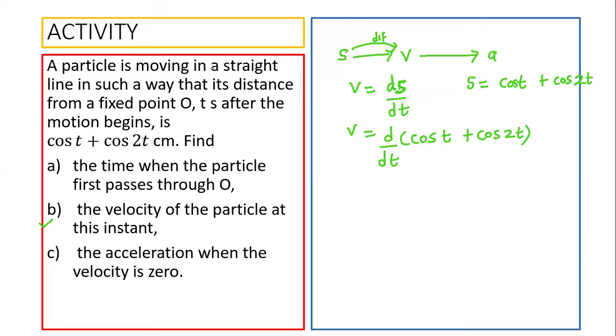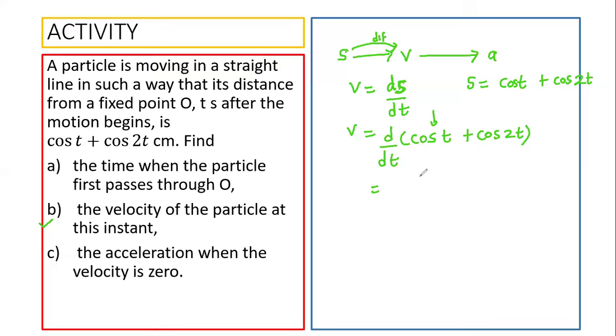Remember, you are going to first differentiate. What do you get? Yes, Star. Yes, good afternoon, teacher. If I'm to differentiate that equation, it should be sine t.